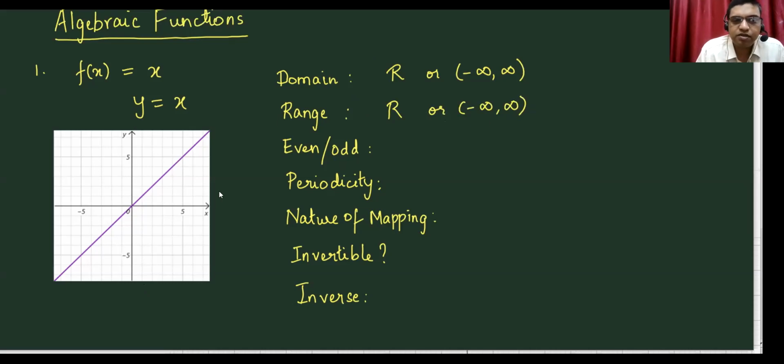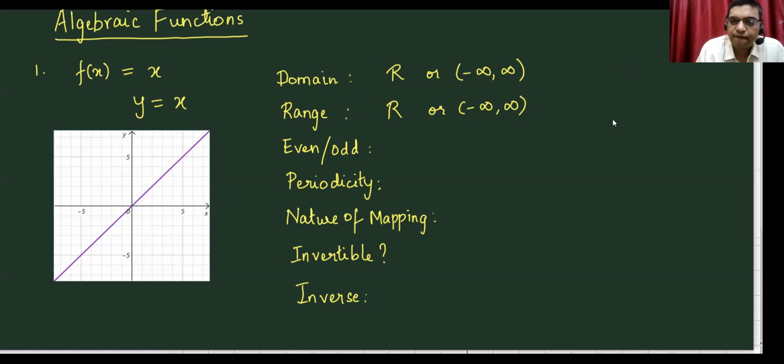All real numbers. Is it even or odd? We check even and odd based on whether the graph is symmetric in the opposite quadrants or symmetric about the y-axis.